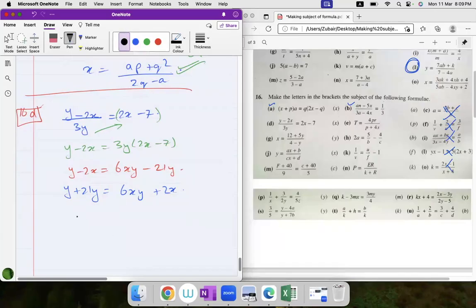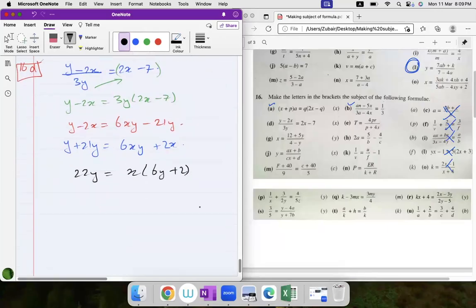X equals negative y minus 21y over negative 2 minus 6y.